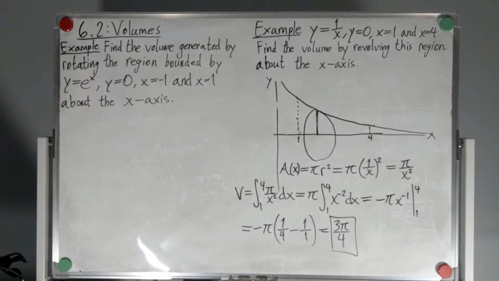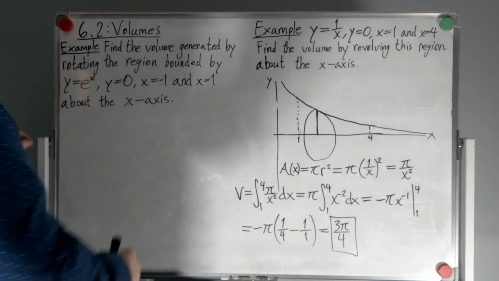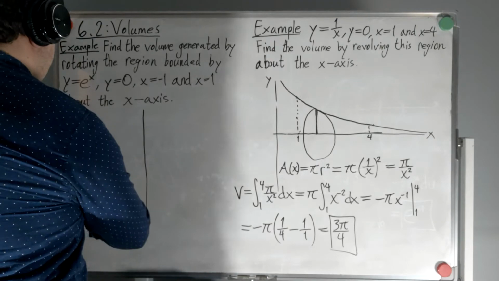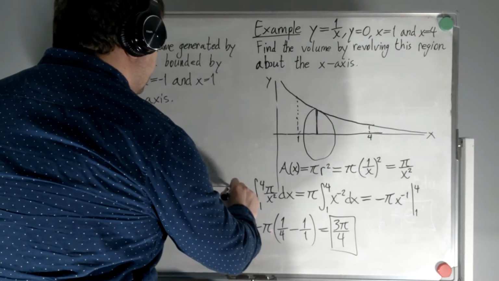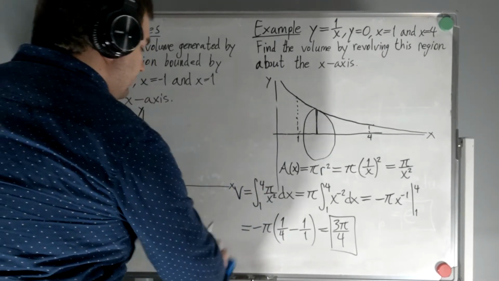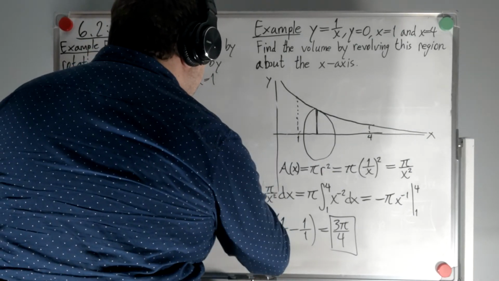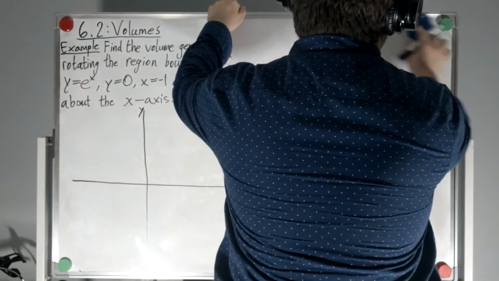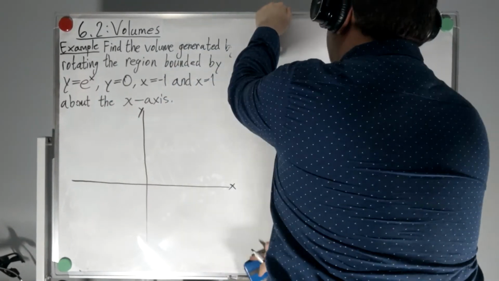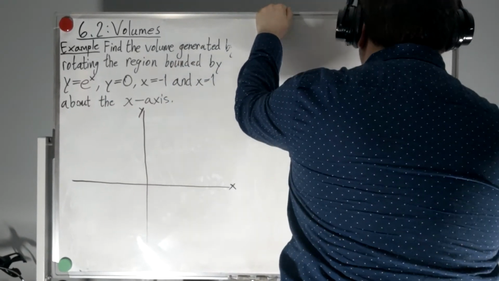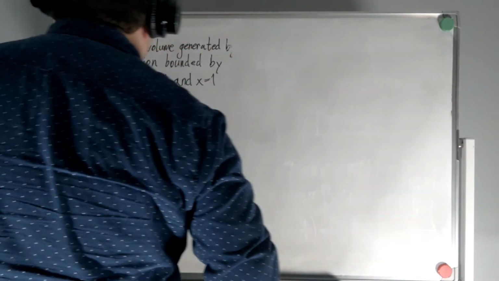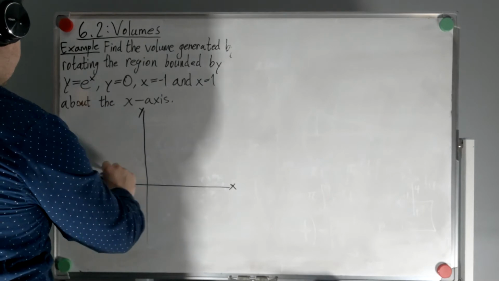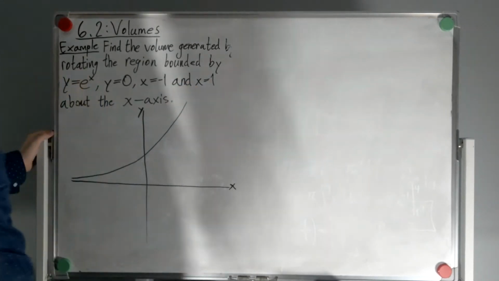Alright, so as usual, we should draw the situation so that we know what we're looking at. And as usual, this is just a crude sketch, while a more detailed diagram can be found in my notes. Y equals e to the x is a curve that kind of looks like that.